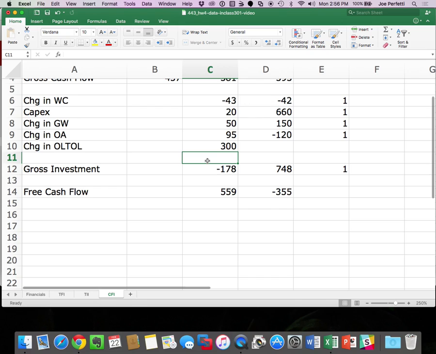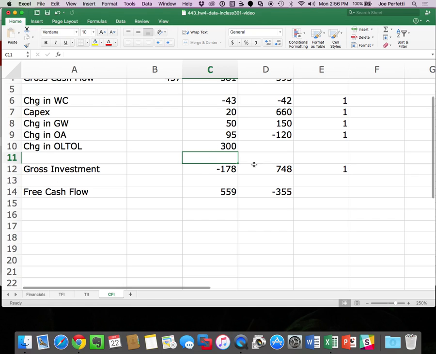All right? If I spend money on working capital, if I spend money on CapEx, if I buy companies, if I spend money on other assets, it's adding to my gross investment. If I don't pay my bills and I generate more liabilities, then that actually offsets the cash that I spend. Okay? So just don't pay your rent for a month and you actually have more cash in your account. Well, you add the liability because you still owe the money.